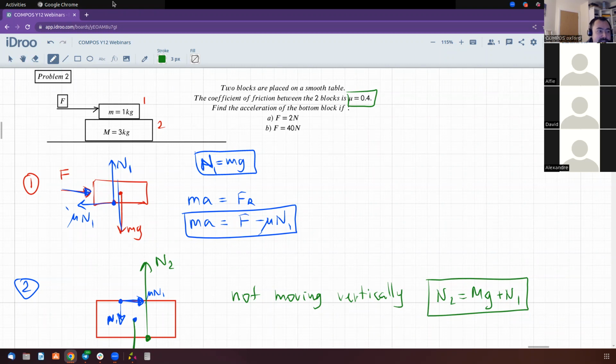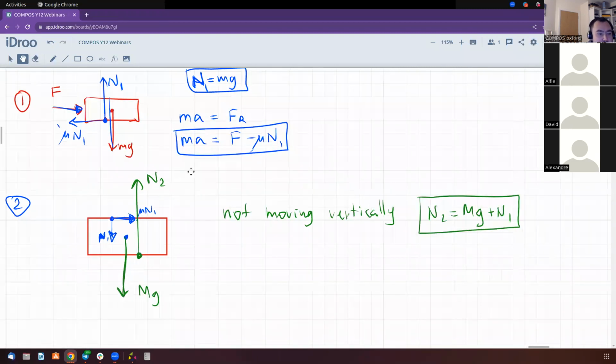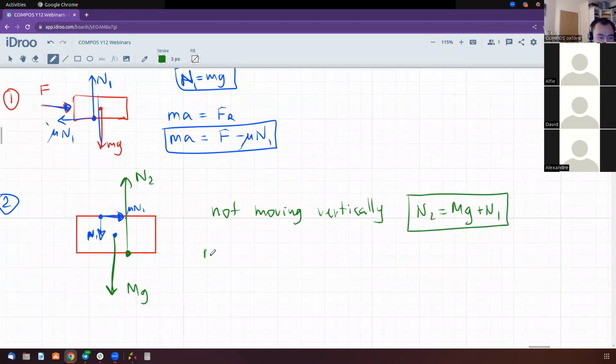Not moving vertically, so N2 is equal to mg plus N1. And then we have Newton's second law. Mass times acceleration is equal to the resultant force. So mass capital M times acceleration, it's accelerating to the right.